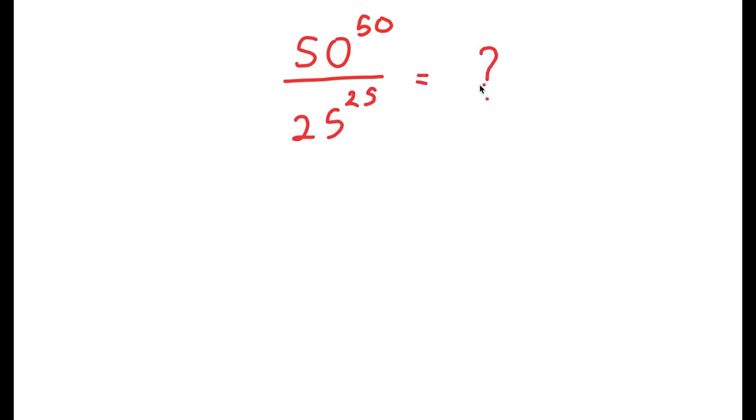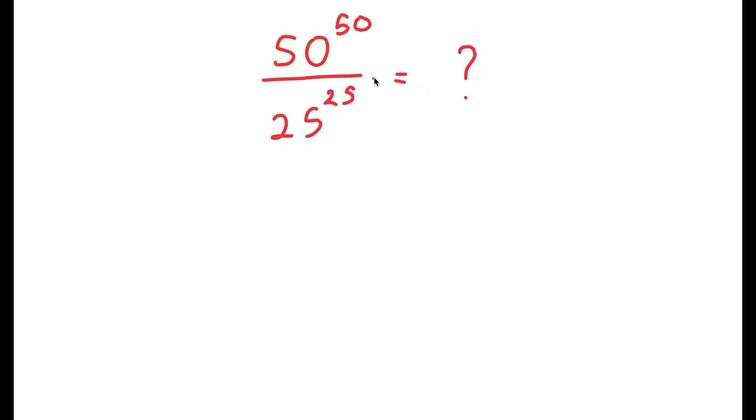Alright, so in this video, I'm going to teach you guys how to solve the problem 50 to the power of 50 over 25 to the power of 25. So I want to find the solution to this problem.